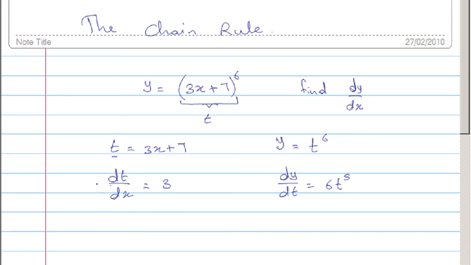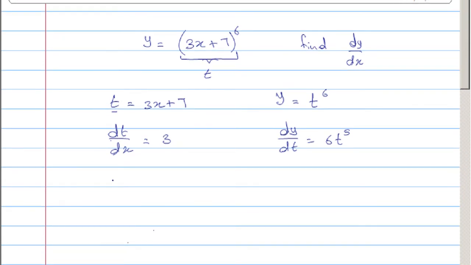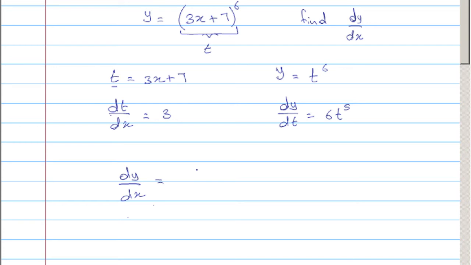Now I've got an expression for dt over dx and an expression for dy over dt. So somehow I'm going to use these two to find an expression for dy over dx. Here's what I'll do. Let's say dy over dx is equal to, and I'll rewrite it like this: dy over something times some other variable over dx.